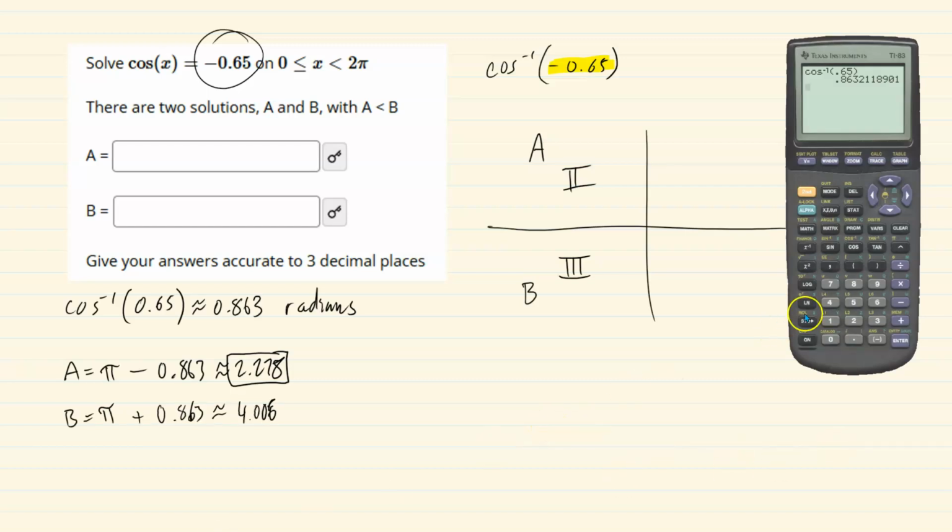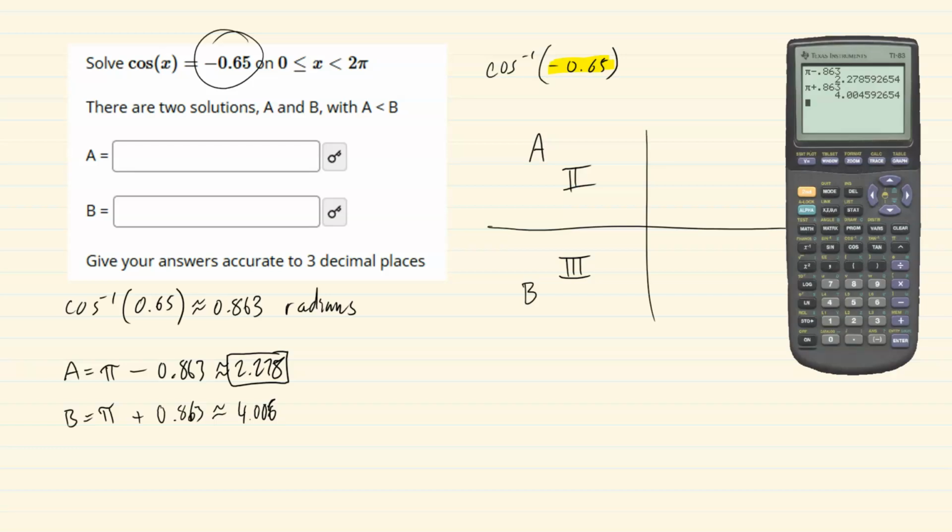And yeah, I did this on my calculator before, but I'll show this. So pi minus 0.863, and then we will also do pi plus 0.863. Okay, and that's how we get our solutions.